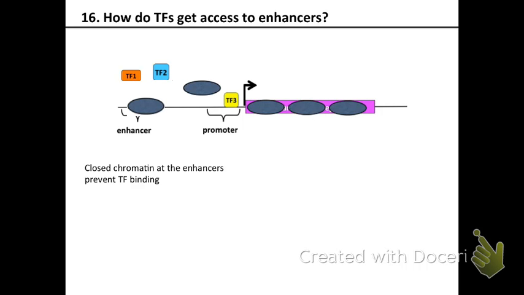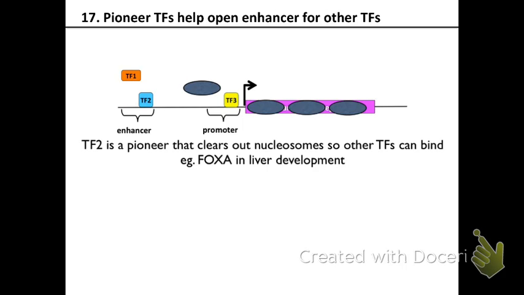So pioneer transcription factors are transcription factors that can bind to their DNA sequences even when the DNA is wrapped around the nucleosome. So what this Zelda protein does, just like many transcription factors, is that it binds to the nucleosomal DNA and somehow it opens up the enhancer, so its binding results in lack of nucleosome at that site.